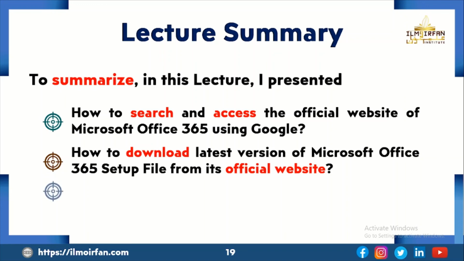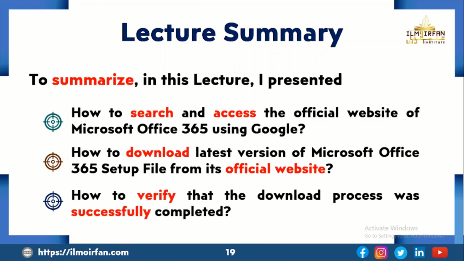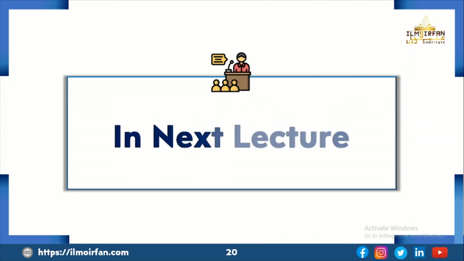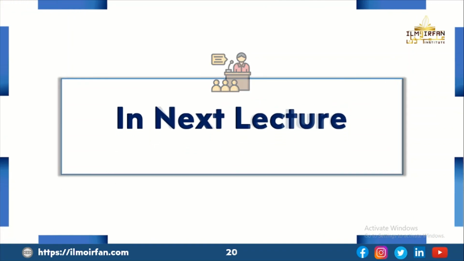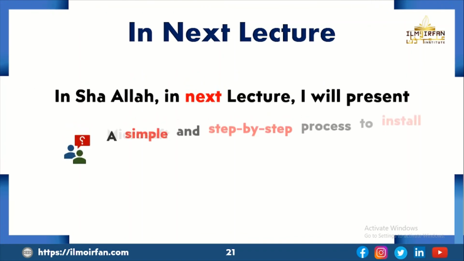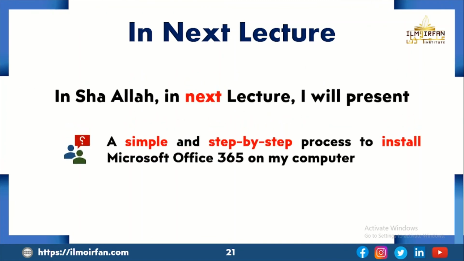And finally, I presented how to verify that the Microsoft Office 365 setup file is successfully downloaded or not. Inshallah, in the next lecture, I will present a simple and step-by-step process to install Microsoft Office 365 on my computer.